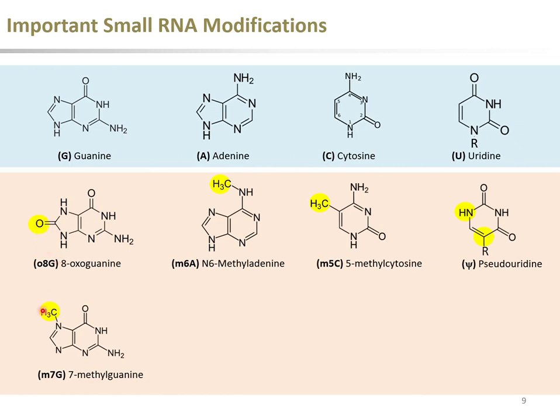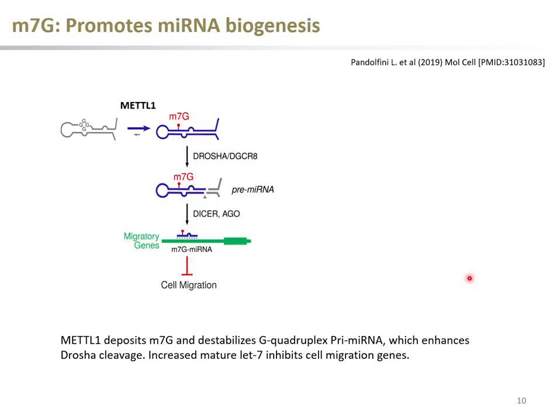The most common and important modifications include 8oxoG, m7G, m6A, m5C, and pseudouridine, psi. These RNA modifications are integral to small RNA functions.